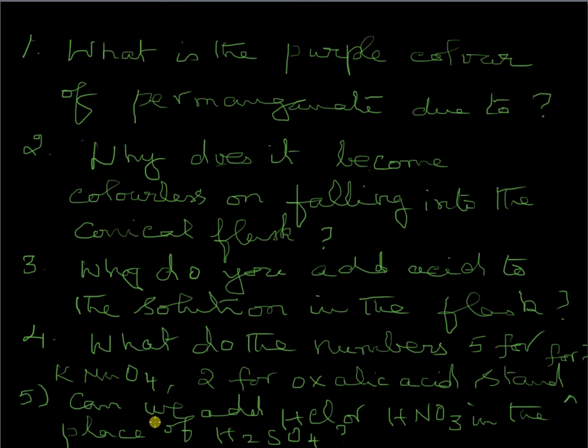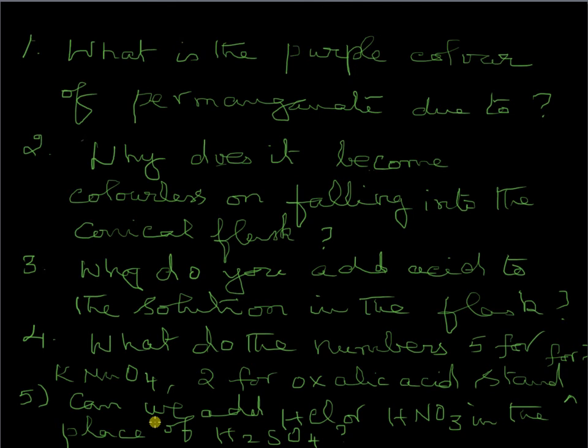So the permanganate drops, as they fall into the conical flask, are consumed for the oxidation, when the +7 state of Mn is reduced to +2. In very dilute solution, Mn +2 is colorless.